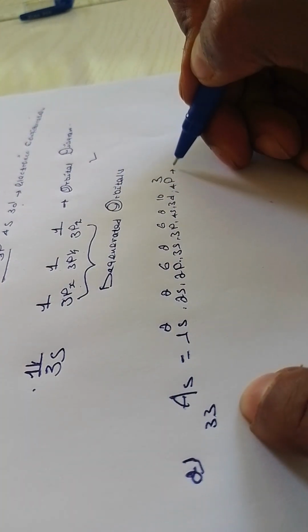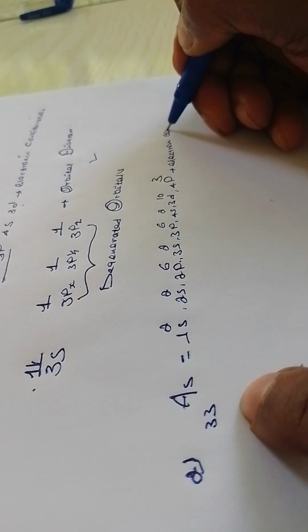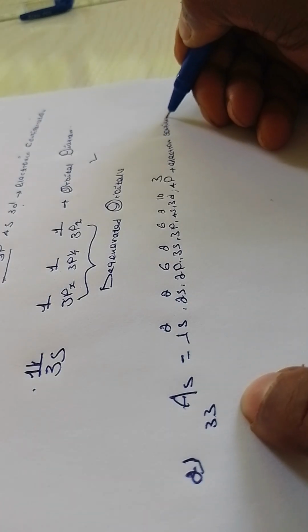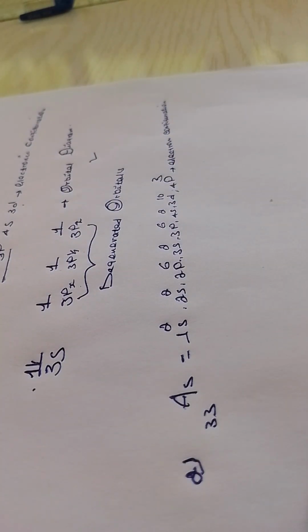This is the electron configuration of astatine.